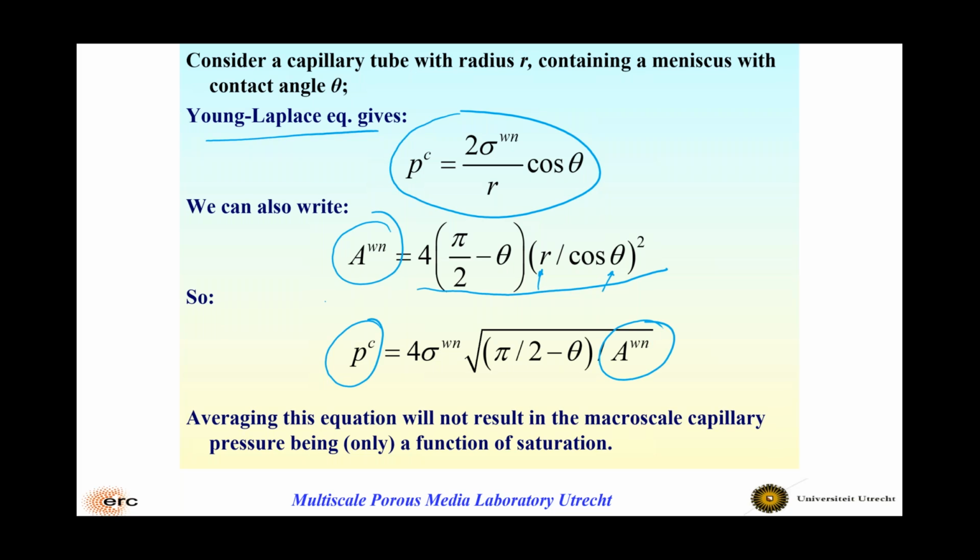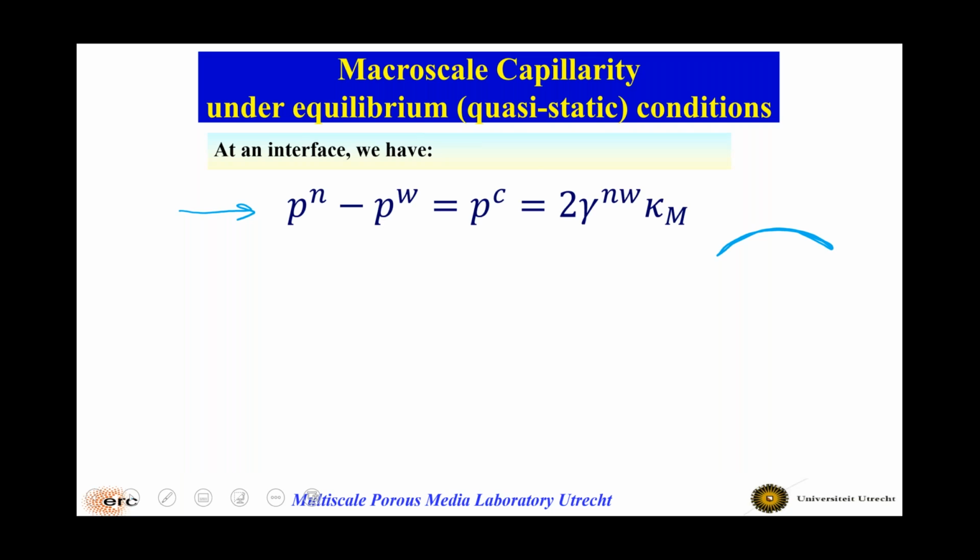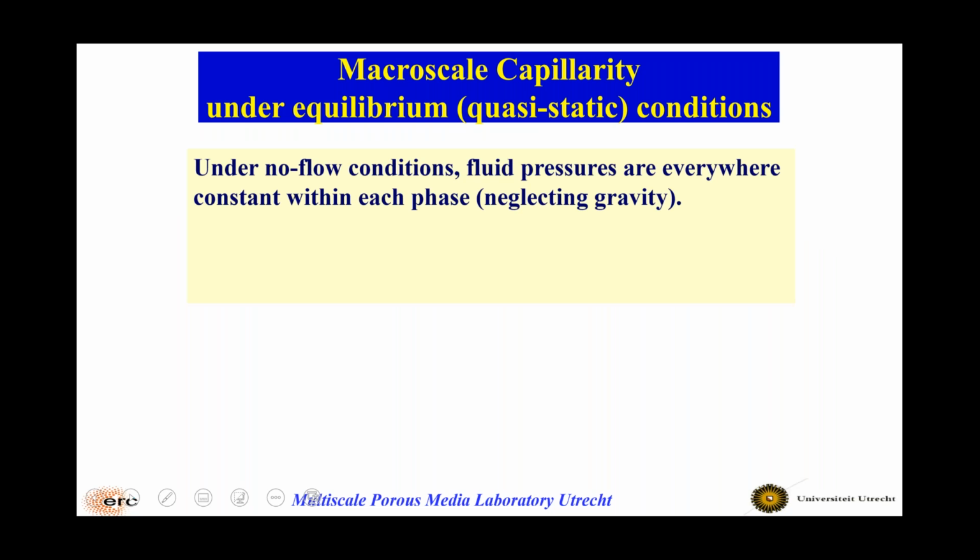So if you average this over thousands of pores, you will find that the macro scale capillary pressure, which I showed with capital P, has to be a function of the interfacial area and not so much a function of saturation.